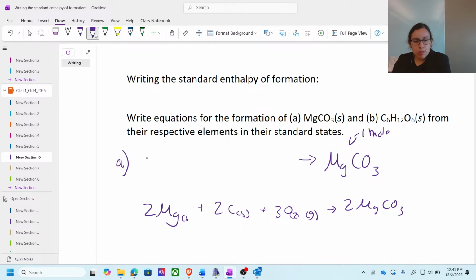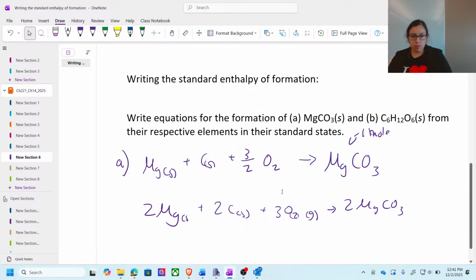And that means we should scale everything accordingly. And so in this case, it's okay to use fractional coefficients for balancing. So we can do 3/2 equivalents of O2, and that gives us the 3 that we need there. So it's a little tricky.